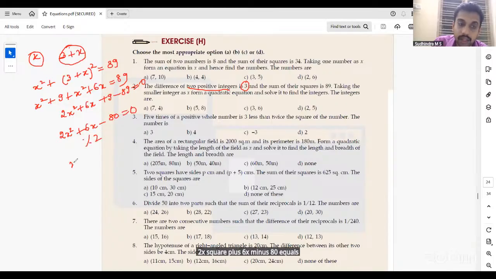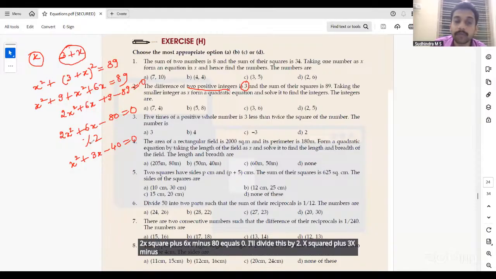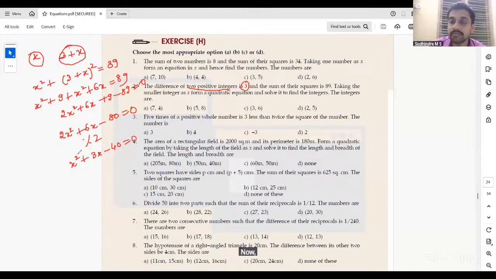I'll divide this by 2. x square plus 3x minus 40 equals 0. Now, what are the factors? 8 and 5. Yes. x square plus 8x minus 5x minus 40.